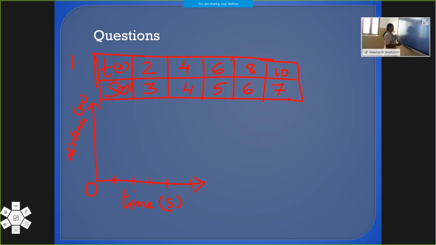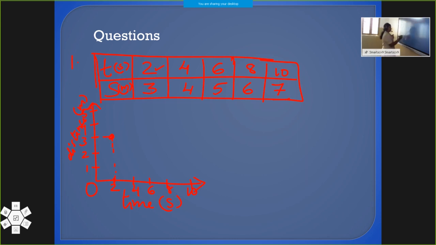Mark the time intervals as 2, 4, 6, 8 and 10 seconds, and the distance you take as 1, 2, 3, 4, 5, 6, 7, 8 likewise. Within 2 seconds it has covered 3 meter, so you get the point like this.